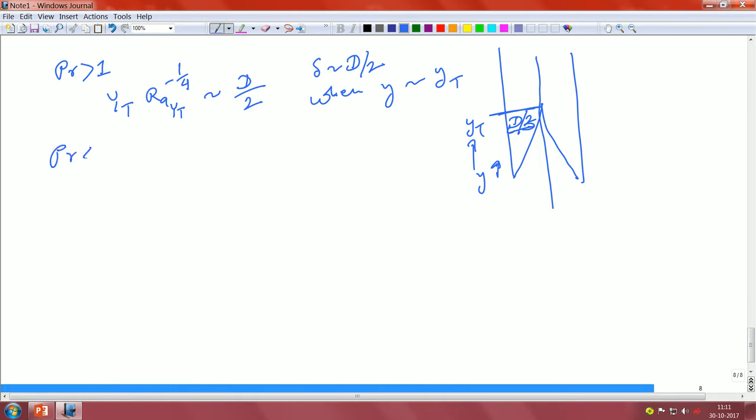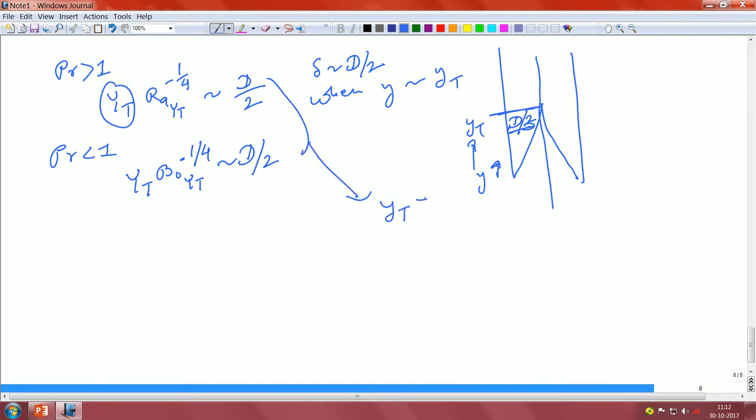For Prandtl number less than 1, this is yt, we already know it is with respect to the Boussinesq number, actually d by 2. Now, what we can do is substitute yt and put it back in the expression where we said that yt has to be less than h, and establish an inequality of some sort.